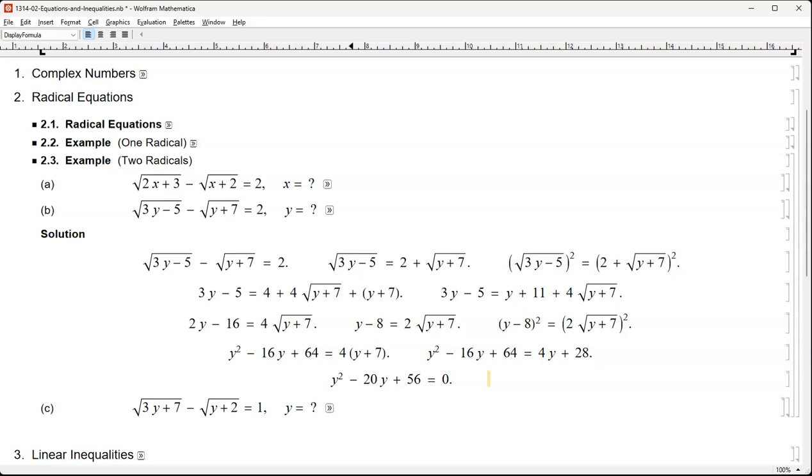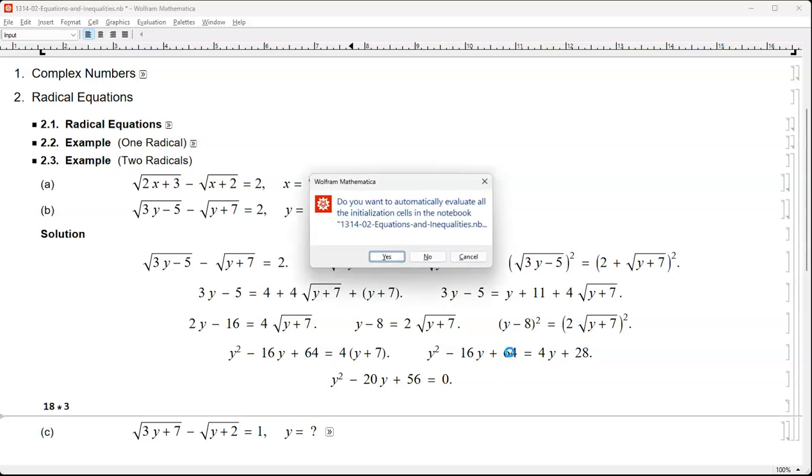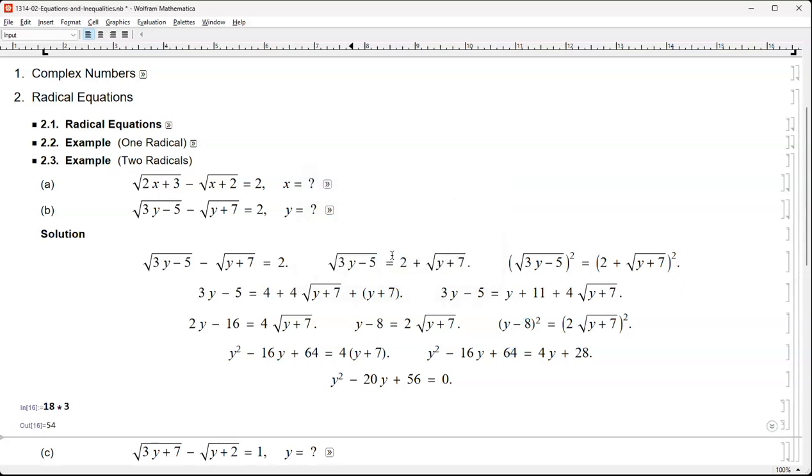No, that doesn't work. 18 times 3. 14 times 4.